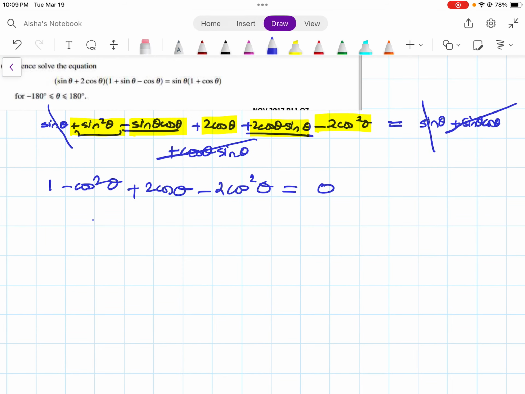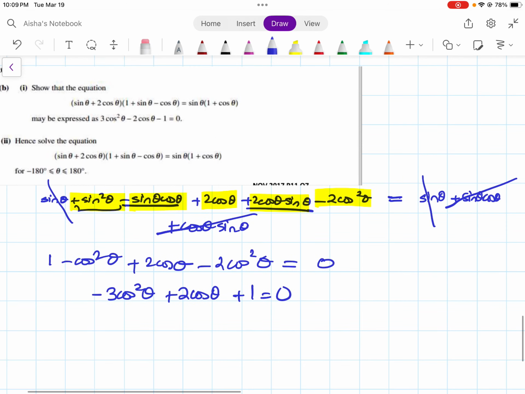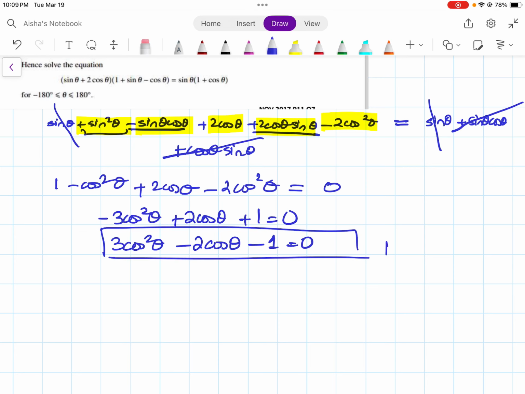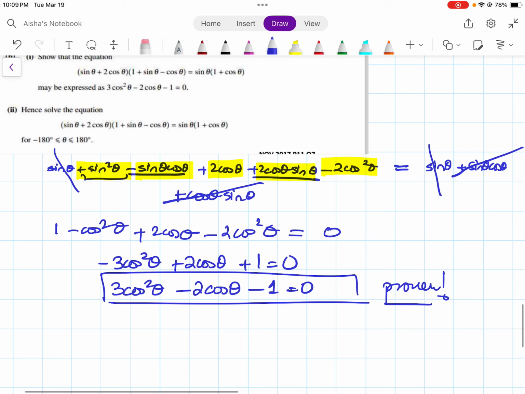So this becomes minus 3 cos square theta plus 2 cos theta plus 1 equals 0. If you take the minus sign common out, this was pretty simple. I used the identity in place of this, only the rest was all simplification.